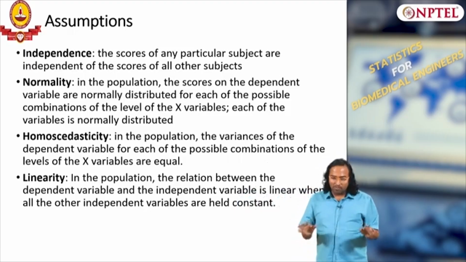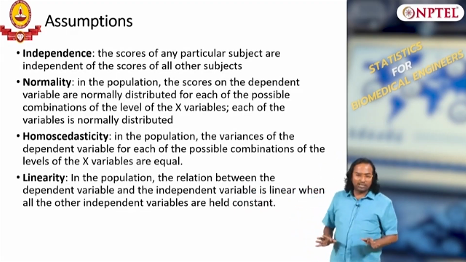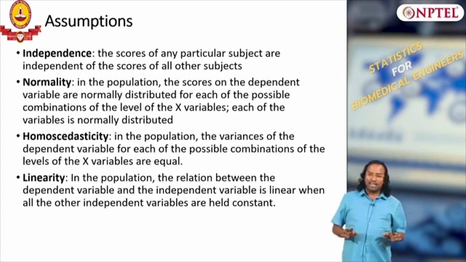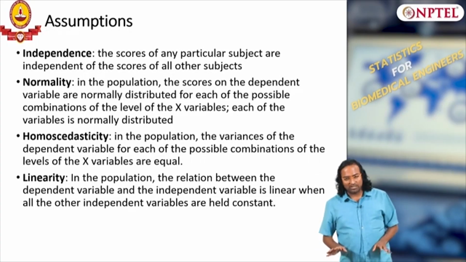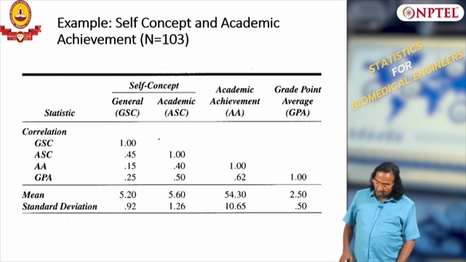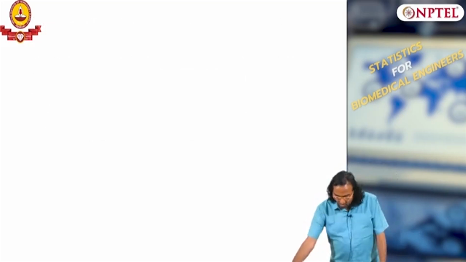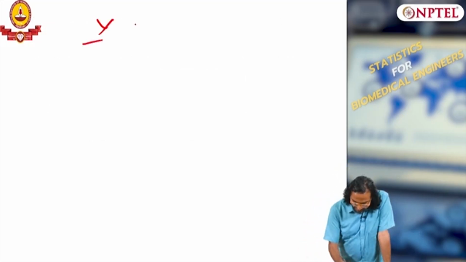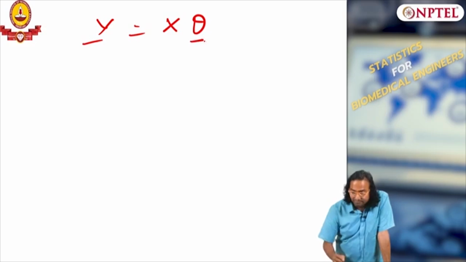Then we go on to normality, that assumption holds good, the homoscedasticity assumption is also the same, and the linearity assumption is also the same. So we are going to build a model of the form y vector equals x matrix times theta vector.